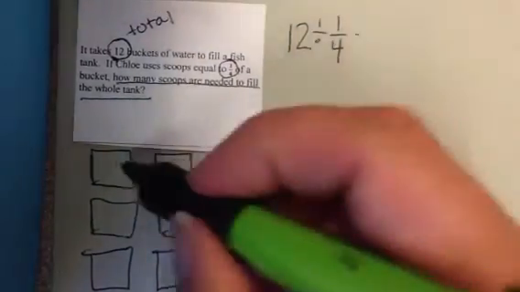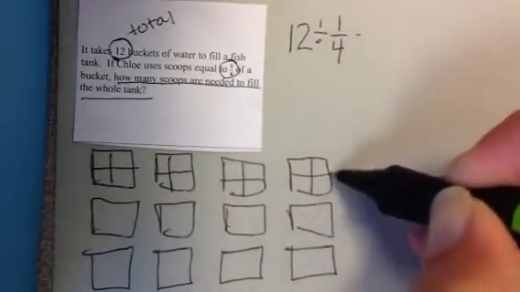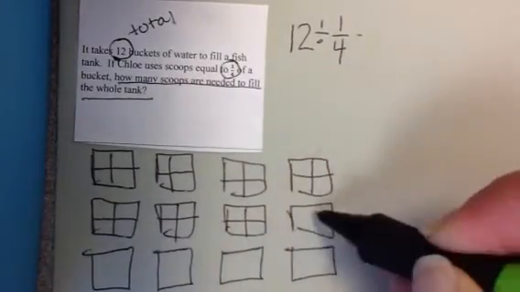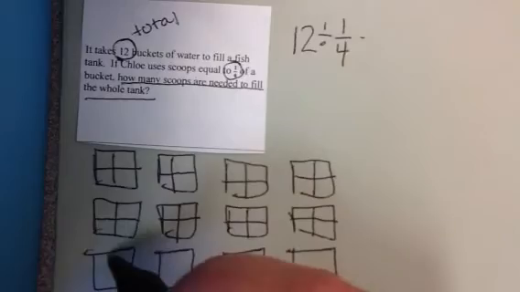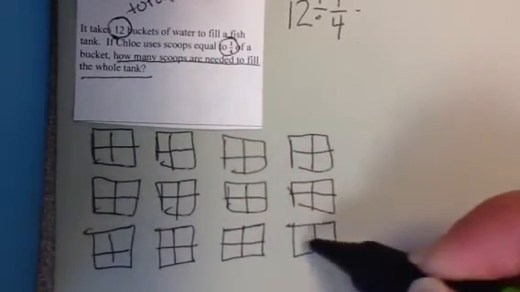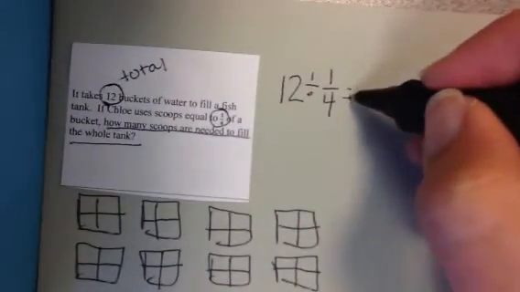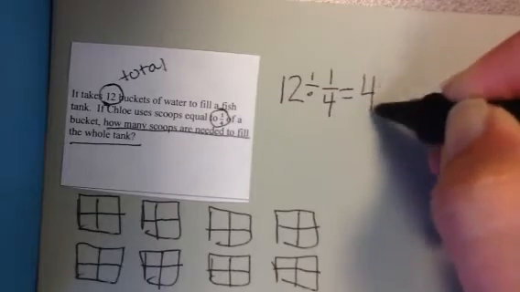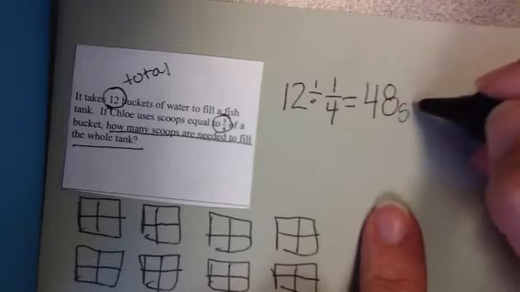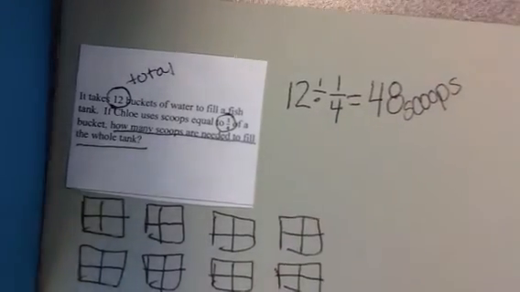And I'm dividing them into fourths. 4, 8, 12, 16, 20, 24, 28, 32, 36, 40, 44, 48. 48 whole little pieces. So 12 divided by 1/4 gives us 48 scoops. So I was dividing because I wanted to see how many fourths went into 12.